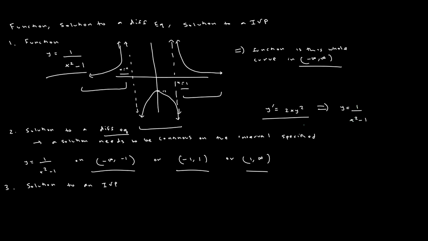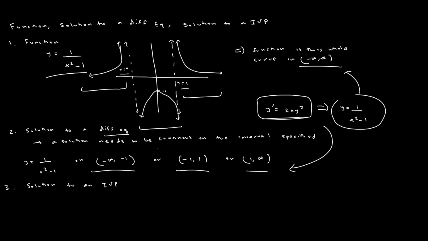And when we're given this differential equation and we're asked to solve, we need to specify one of these functions, and we need to specify one of these intervals, and depending on the interval, the solution is different. But if we're just given this function, we know that this whole set is what we're valued under.